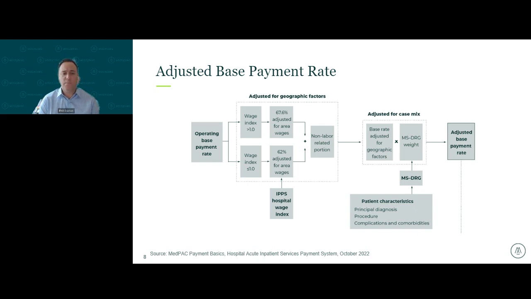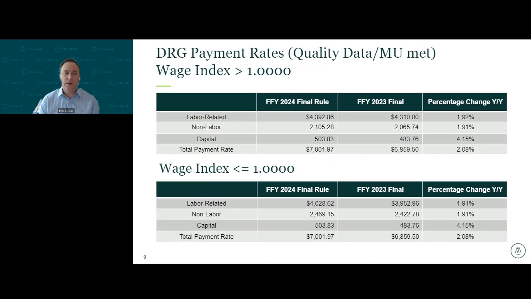In this particular case, we're going to take that rate and split it up between the labor and non-labor, and without spending too much time talking about the complications related to DISH or IME add-ons, we apply the MS-DRG weight to come up with our ultimate payment. So splitting that up, you can see the labor and non-labor pieces there in connection with the capital payment that's also listed. The big increases here really relate to the capital side.